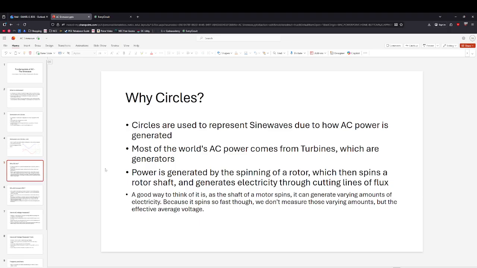Now, why do we use circles? Circles are used to represent sine waves due to how AC power is generated. Most of the world's AC power comes from turbines, which are a generator.